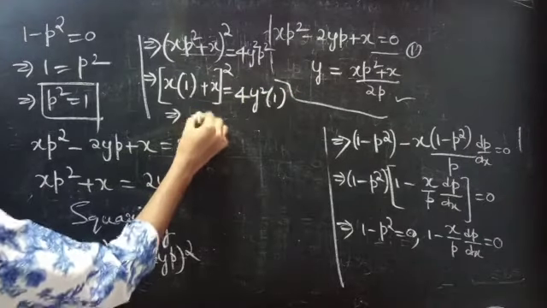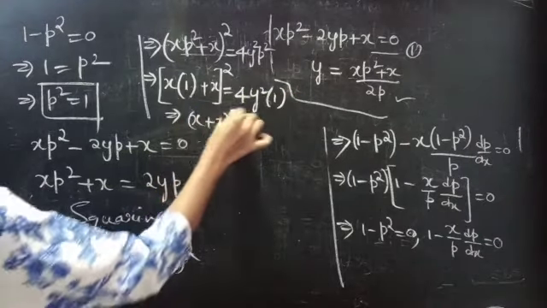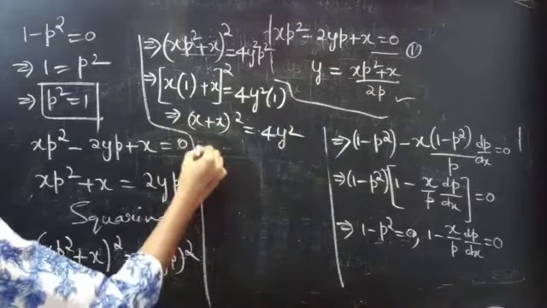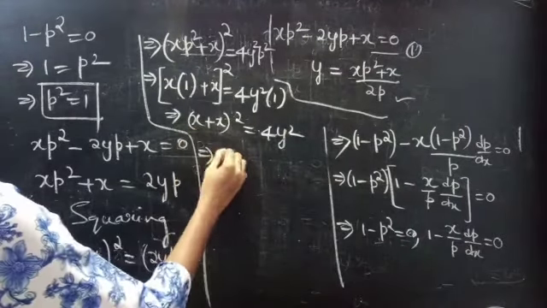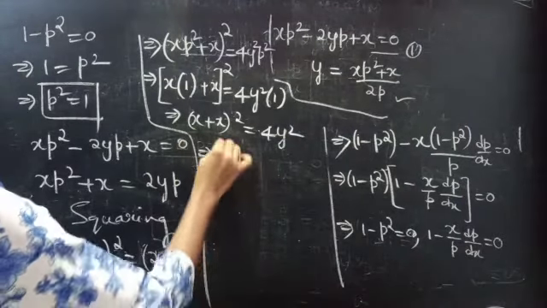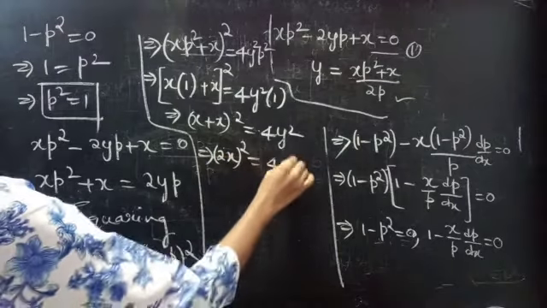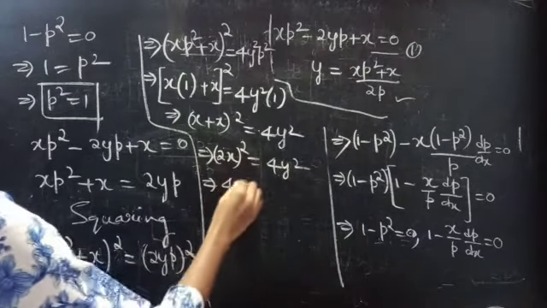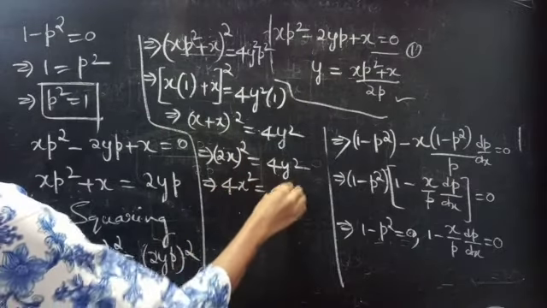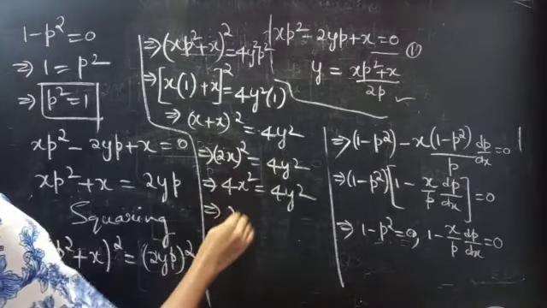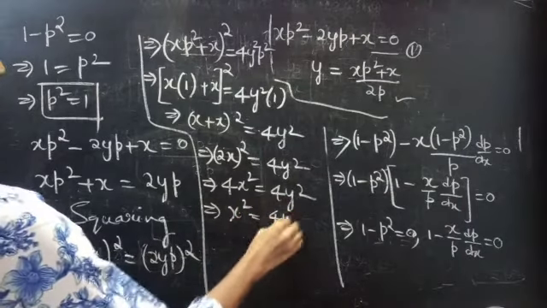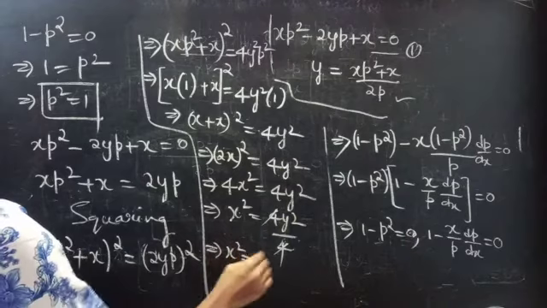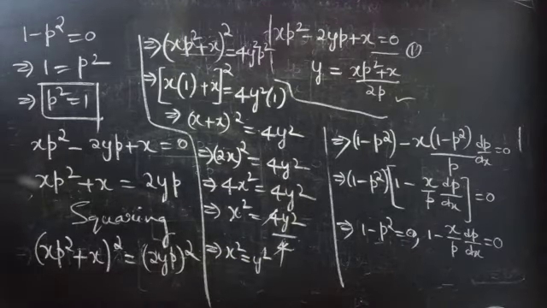From this you'll get (x plus x) whole square equals 4y square. Then 2x whole square equals 4y square, so 4x square equals 4y square. Then x square equals 4y square by 4. Cancel 4, and you'll get x square equals y square.